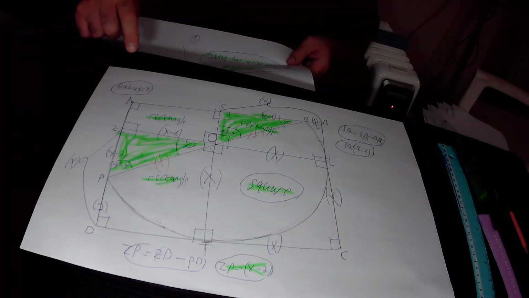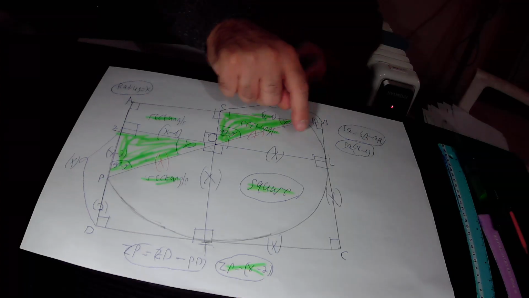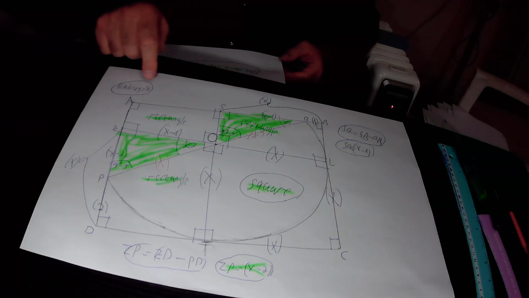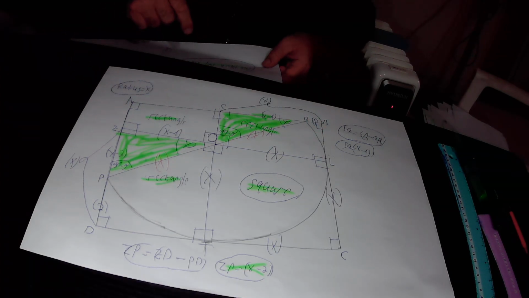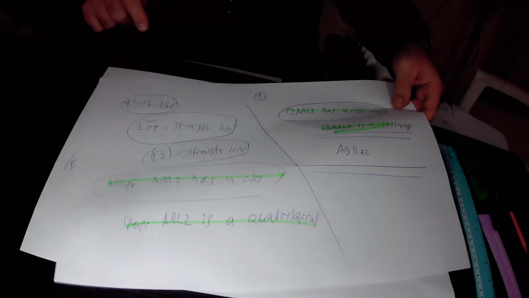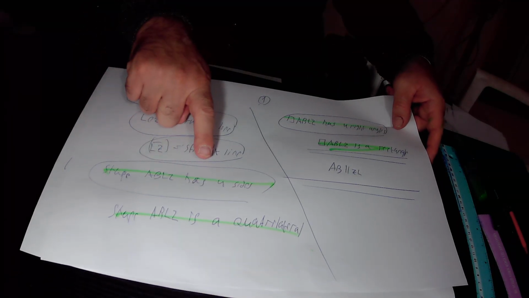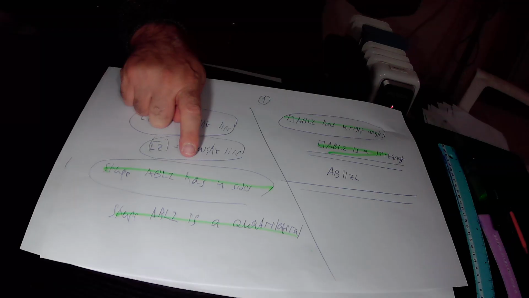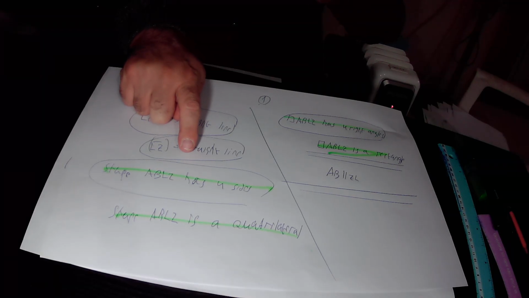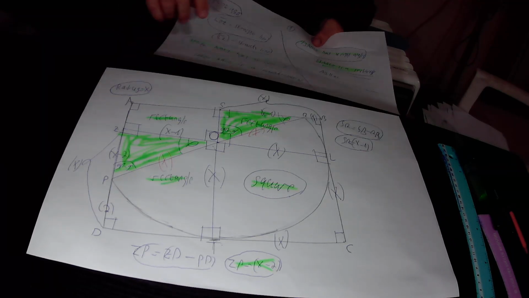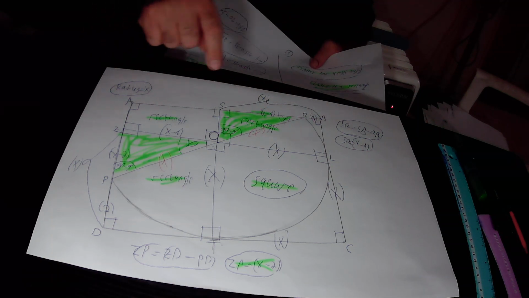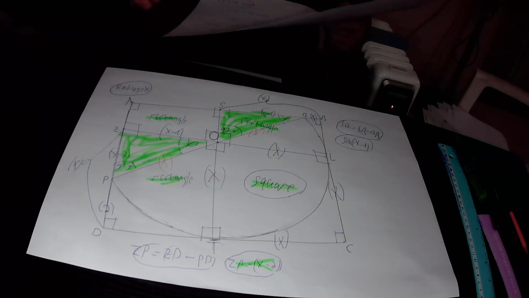And therefore this shape, the upper shape ABLZ, has 4 sides in total. 1, 2, 3, 4. The upper shape ABLZ has 4 sides, and therefore shape ABLZ is a quadrilateral. So in this quadrilateral ABLZ, we have 1, 2, 3, 4 right angles.